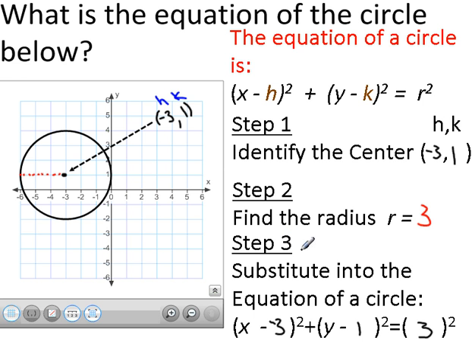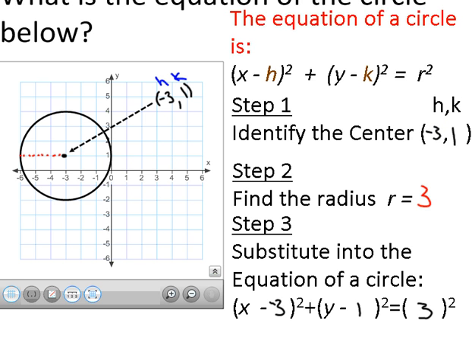Let me point something out here. Notice that I have a subtraction sign and a negative sign here. The reason is because the equation of a circle already comes with a subtraction sign, and then the h that I'm substituting in there has a negative sign. So I have to write x minus -3.